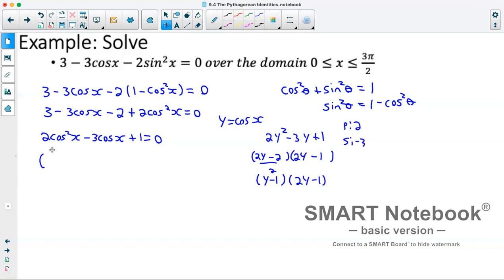So that gives us cos x minus 1 times 2 cos x minus 1 equals 0.